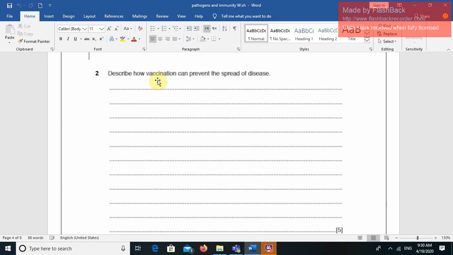Because of memory cells and long-term immunity, the disease cannot spread from one host into another.